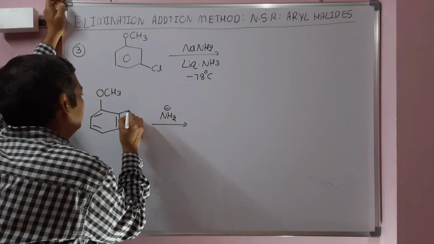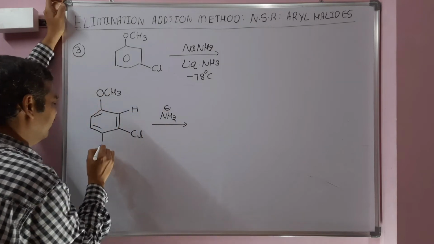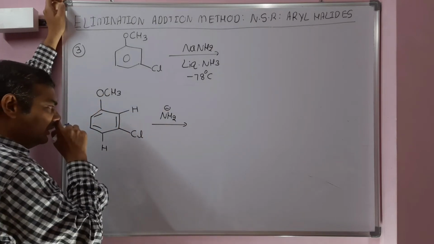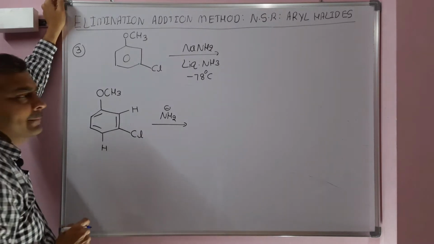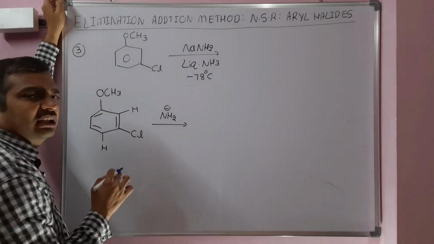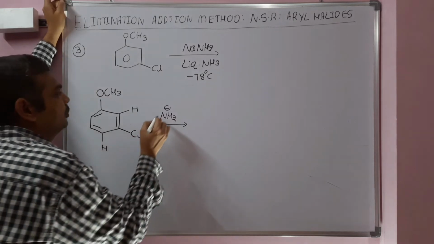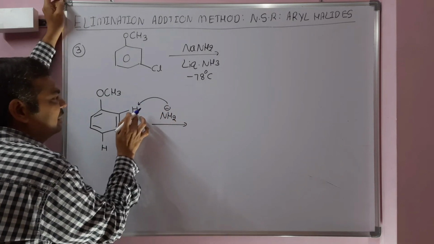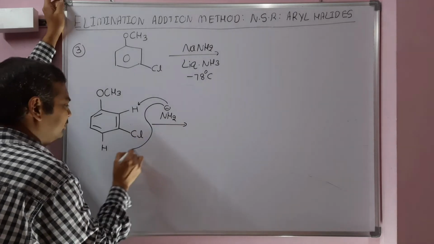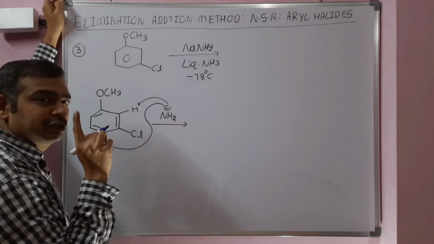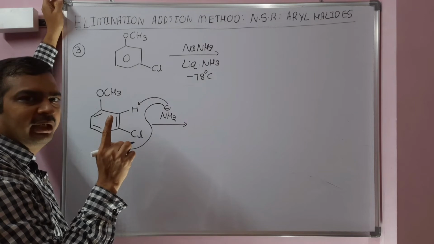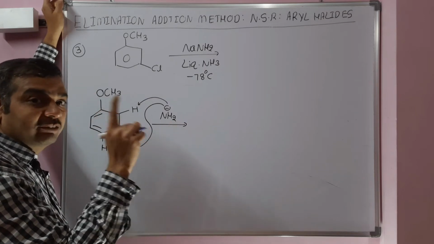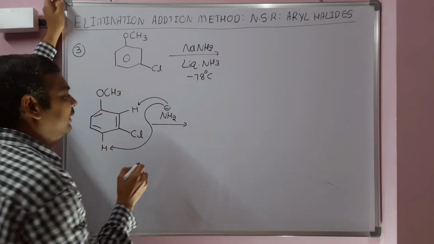There are two hydrogens available at the beta position with respect to the halogen. These two hydrogens are not equivalent. So it will abstract a hydrogen here or it will abstract a hydrogen here. That means two types of carbanions will be obtained, and so two types of benzyne intermediates will be obtained.